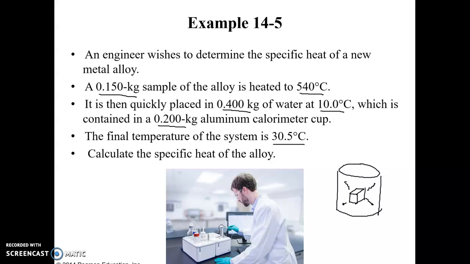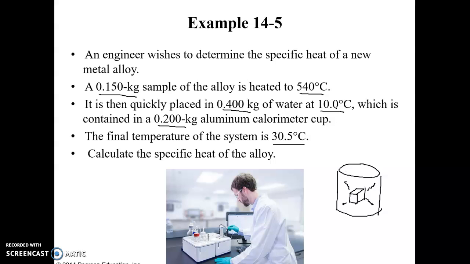Okay, so we're picking up in this video where we left off in the last one, looking at example 14.5, which involves a calorimeter. We've got a 0.150 kilogram sample of an alloy that's been heated up to a temperature of 540 degrees Celsius. It's then placed into the calorimeter.